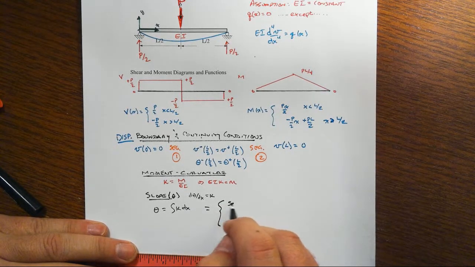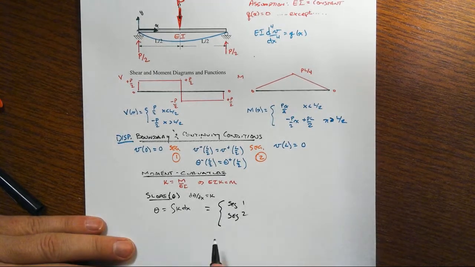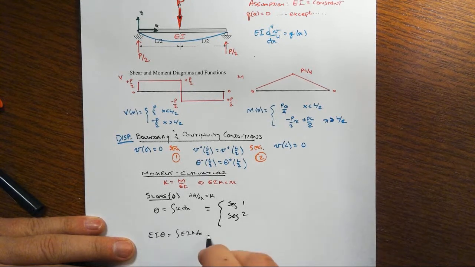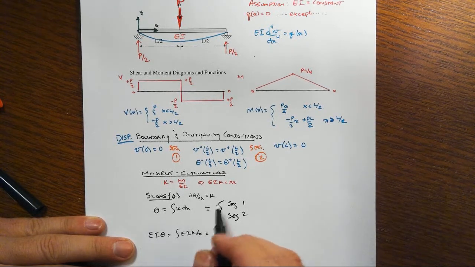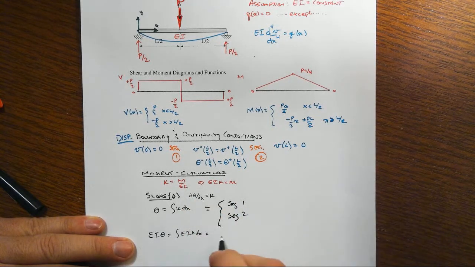Right? So we have segment 1, and we've got segment 2, and it is oftentimes so much easier. Let's multiply by a constant, EI theta. It's not going to change anything, and that'll be equal to the integral of EI kappa dx, and so that makes, because kappa is equal to M over EI multiplied by EI, it goes away for now, and so now when we look at these two, we'll have Px over 2 integral dx for the first one.